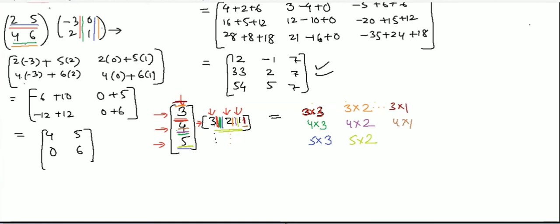Then third row and third column: 5 multiplied by 1. So this is your resulting matrix, multiplied out: 9, 12, 15, 6, 8 and 10, and then 3, 4, 5.